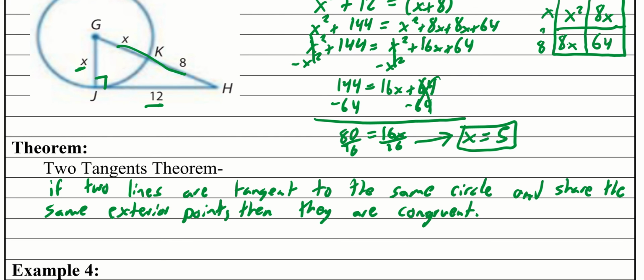If two lines are tangents to the same circle and they share the same exterior point, then they are going to be congruent to each other.